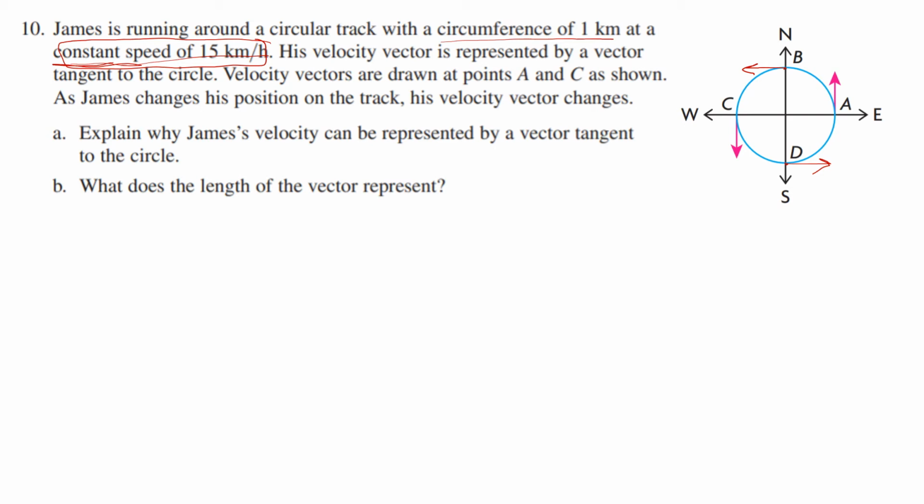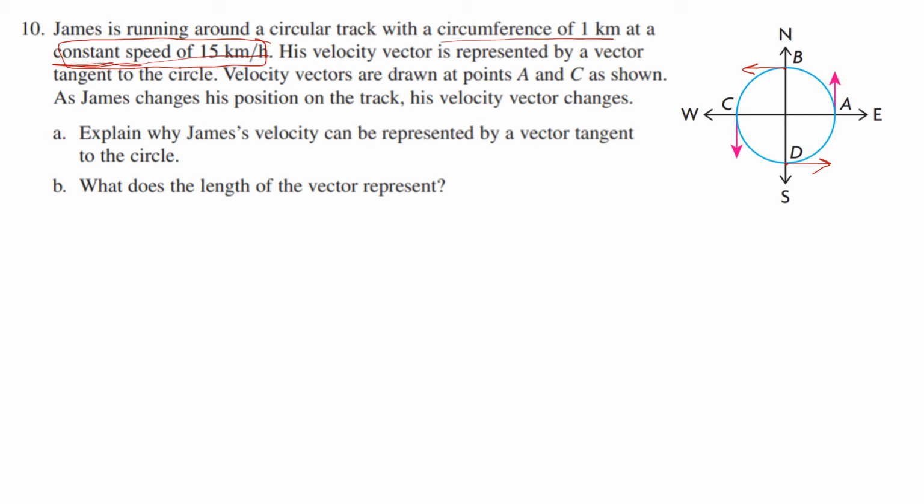So let's say at point A, his speed is 15 kilometers per hour, but he's also heading north. So the tangent vector shows his velocity at A would be 15 kilometers per hour north, and at C it would be 15 kilometers per hour south, and that's why James' velocity can be represented by a vector tangent.